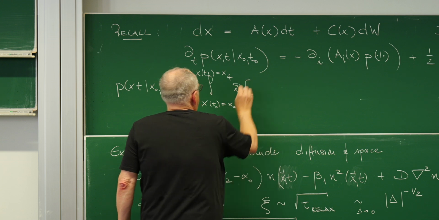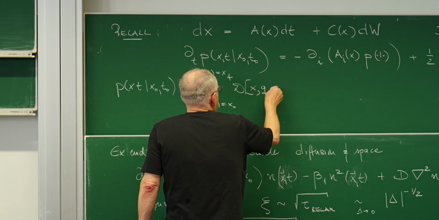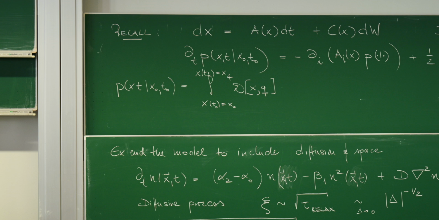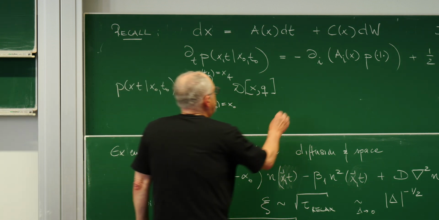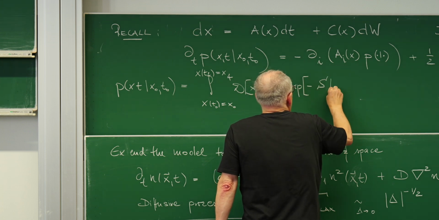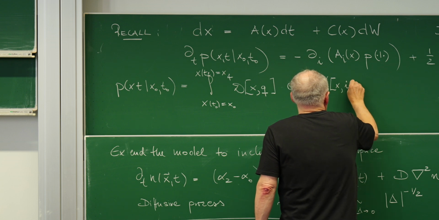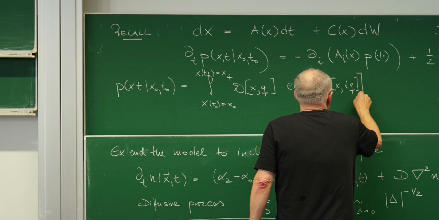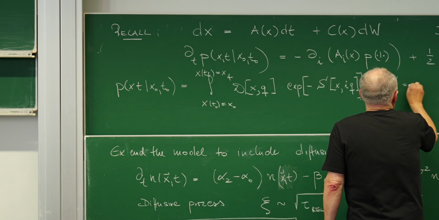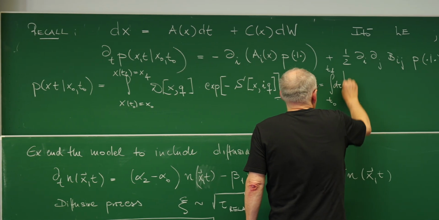Then you have to integrate over the fields x and the conjugate field that we called Q. Later on with fields we call this the response field. And that's e to the minus action S of x, complex unit i Q. Okay, and the action that we calculated is an integral between the initial and the final time.